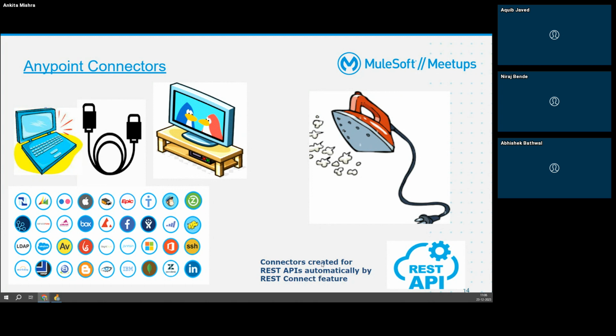Just be mindful that this feature is available for RESTful APIs. Just like electrical appliances such as a geyser or refrigerator always come with a wire, because without a wire you will not be able to connect to them, for APIs like that the connectors are already inbuilt. But for any other external connectivity, these connectors are created explicitly. Both kinds of connectors are supported by Anypoint Platform.